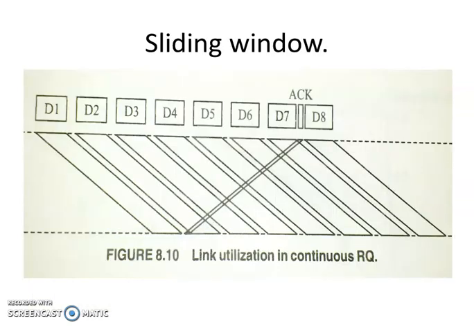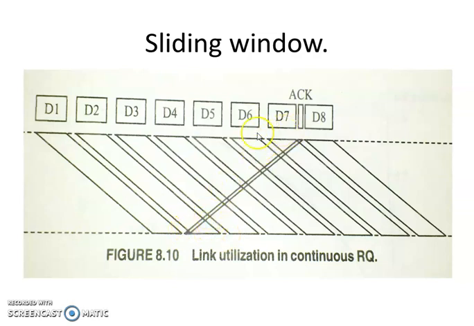So frame D1 is sent, it is received. Frame D2 is sent, it is received. Now the receiver can send an acknowledgement after D1 and also after D2. It depends on the receiver when it wants to send the acknowledgement.